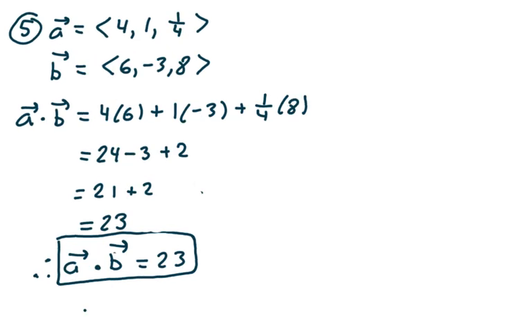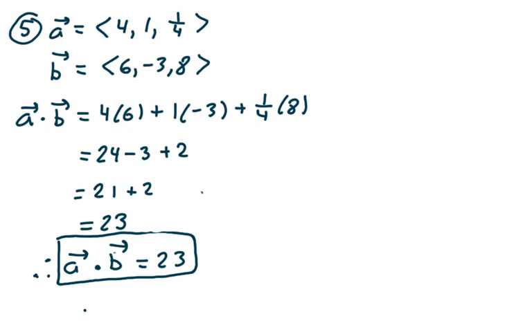Let's take a look at 5. Suppose A is the vector 4, 1, 1/4, and B is the vector 6, -3, 8. The dot product of A and B is equal to 4 times 6 plus 1 times -3 plus 1/4 times 8.